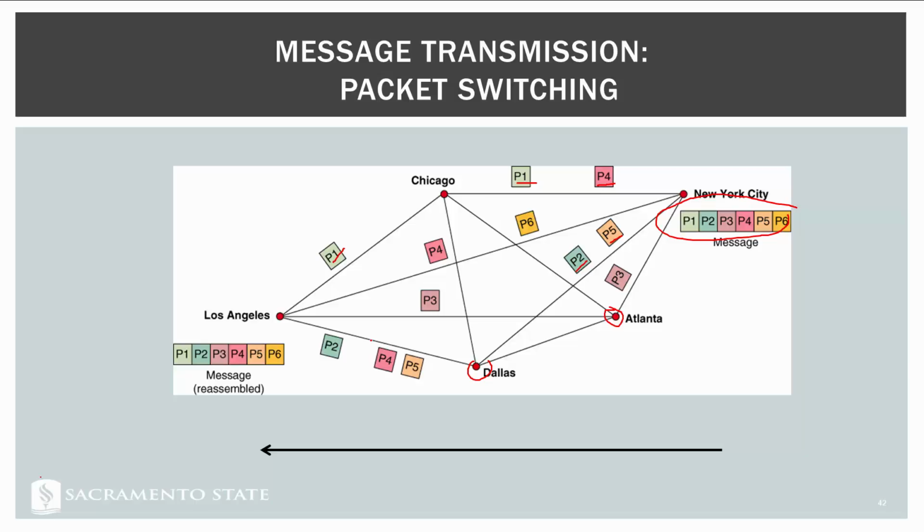And so IP and TCP were designed as part of the DARPA project to figure out how do we deal with that? What happens if a particular node or a particular circuit or router goes down? How do we route around problems? And so each router is constantly updating its information and sharing information with its neighbors so that it knows how to route messages properly and then reassemble them at the destination.